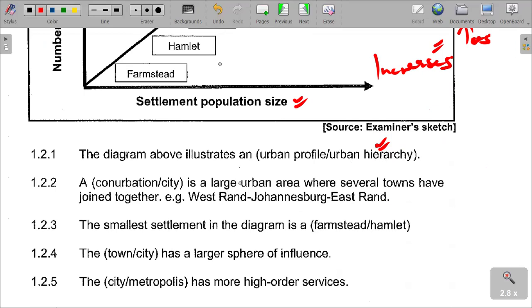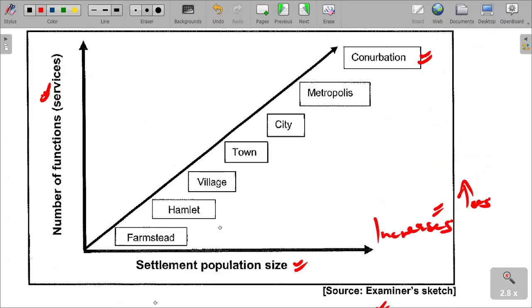A dash is a large urban area where several towns have joined together. We talk about Westrand, Johannesburg, and Eastrand. What do we call that? We say that large urban areas have joined together, and they can form a conurbation.